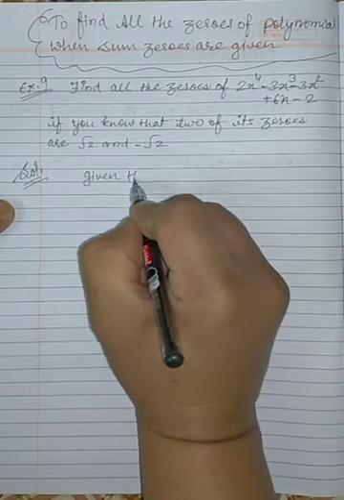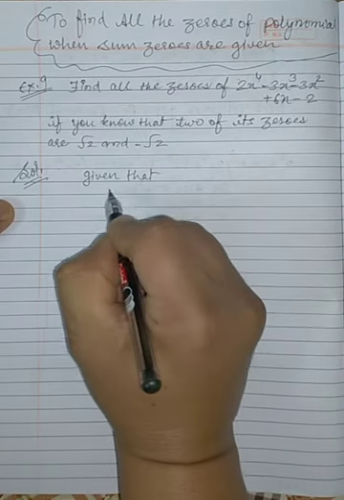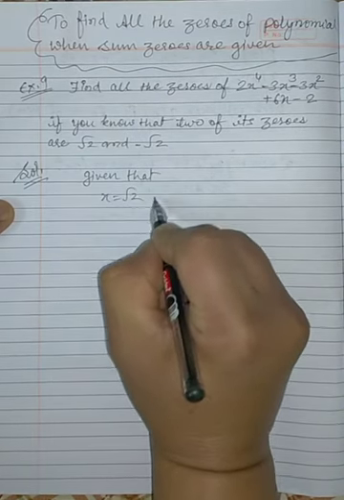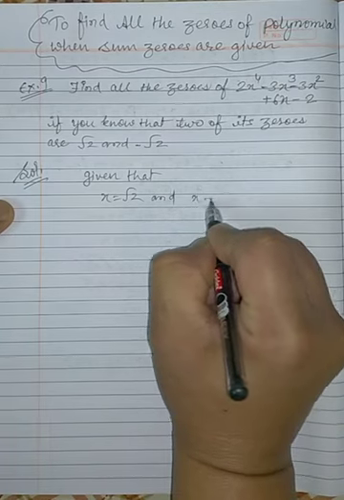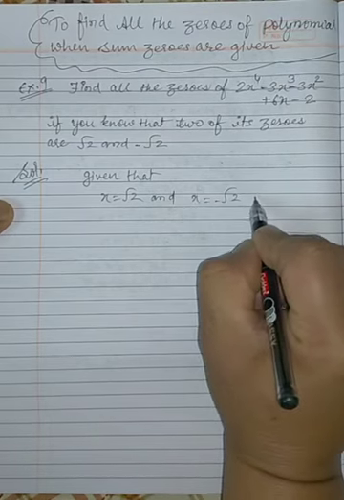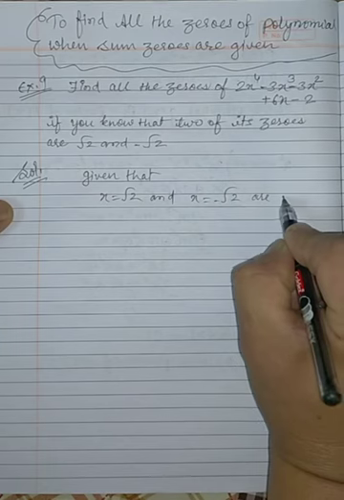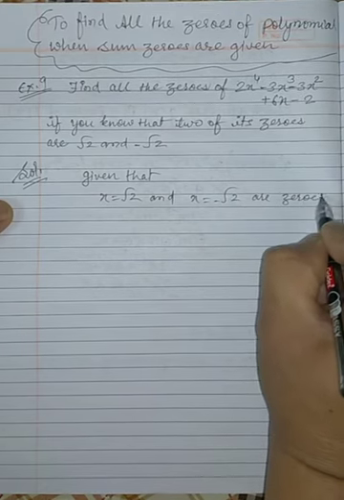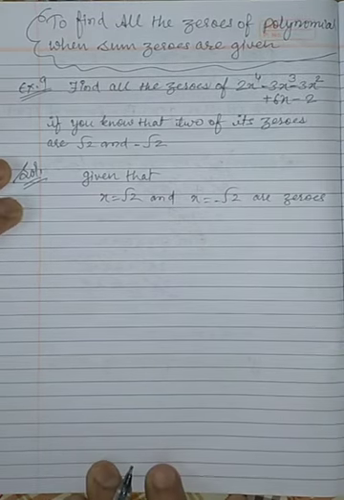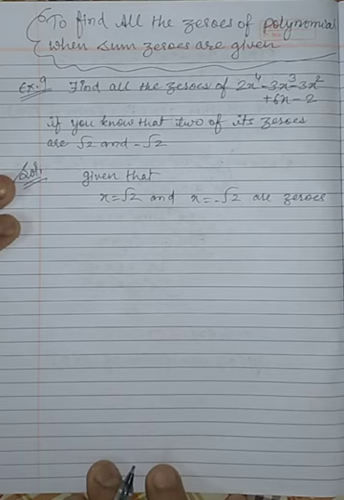So given that x is equal to root 2 and x is equal to minus root 2 are zeros. These are the two values of x we are given.